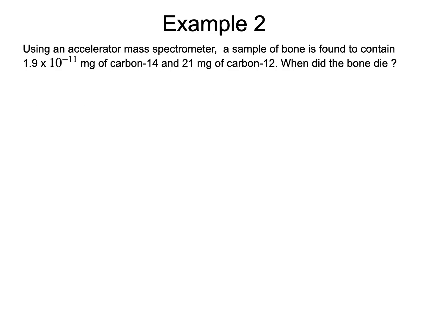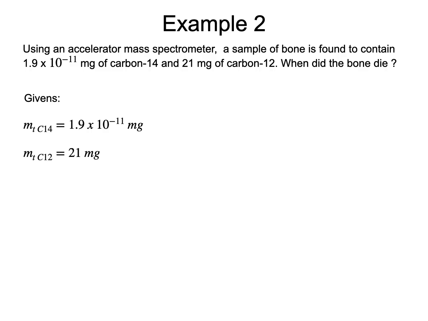In this example, the mass of the carbon-14 and of the carbon-12 in a bone sample was found experimentally. We are looking for how much time elapsed between the death of the bone and the time at which its mass analysis was done. The givens are the mass of the carbon-14 at the time of the analysis and the mass of the carbon-12 at the time of the analysis.